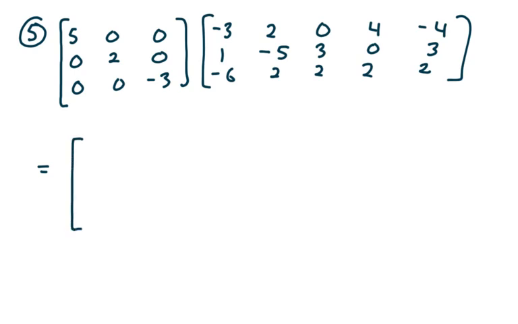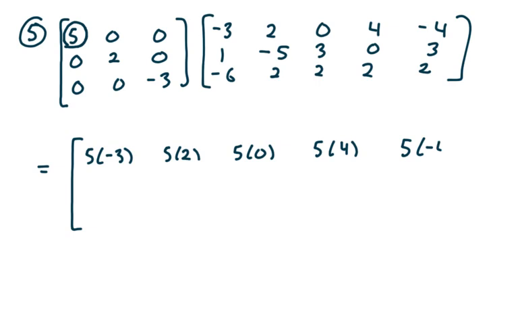Now, remember, if we think about it, I'm going to take that first entry, 5, and multiply it by every single entry in the first row of that second matrix. So this is 5 times negative 3, 5 times 2, 5 times 0, 5 times 4, 5 times negative 4, right?